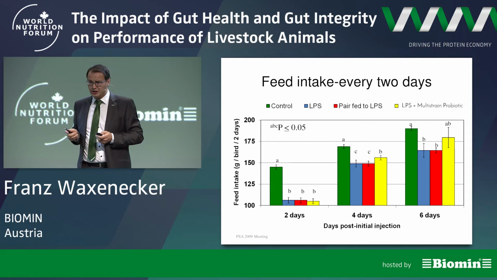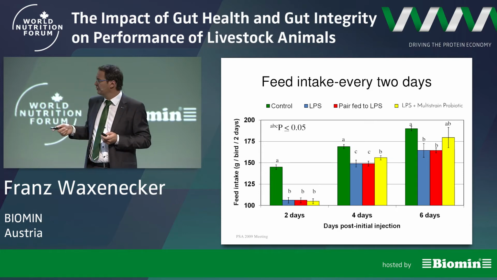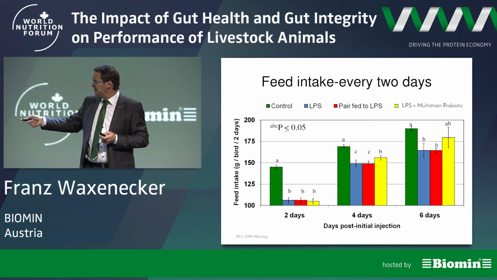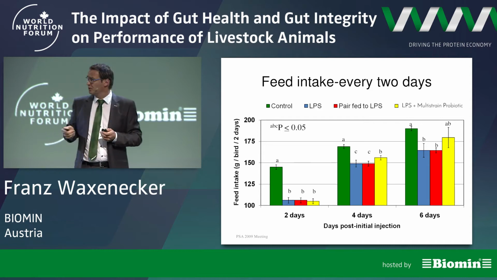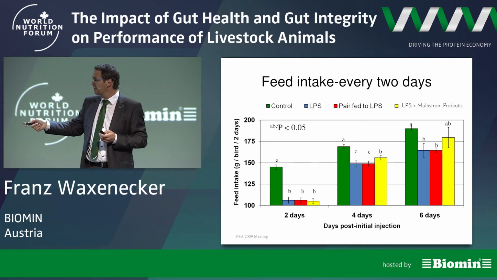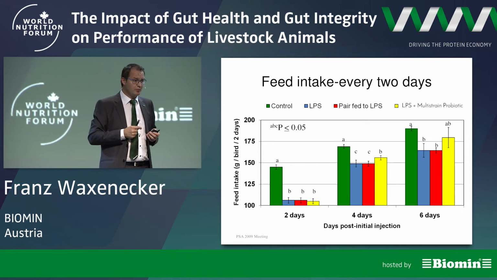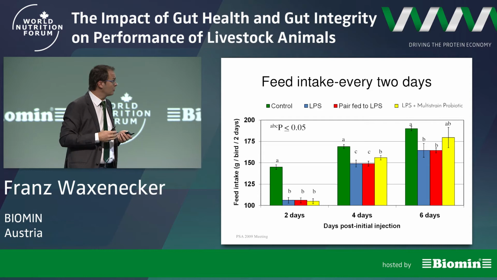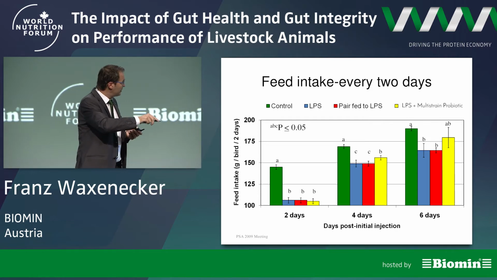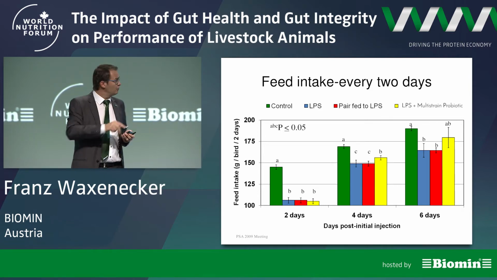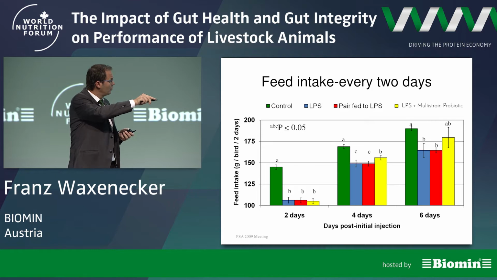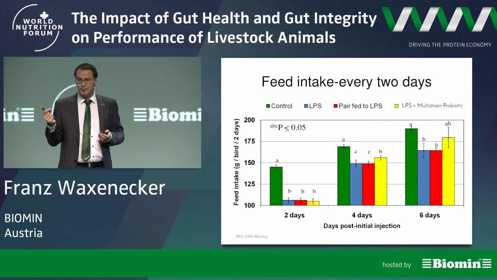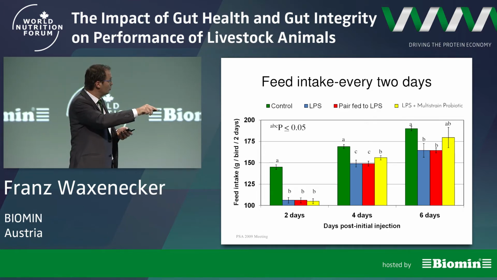which were challenged with the lipopolysaccharide. The green bars are the controls, which are non-challenged animals. The blue bar represents the animals challenged with lipopolysaccharides, with endotoxins. The red bar represents animals which were pair-fed with the challenged ones, so they got the same amount of feed as the blue group.